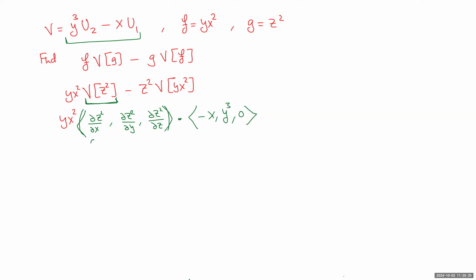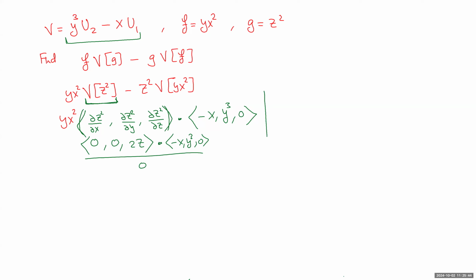So this here is 0, 0, and this one is 2z. We dot that with negative x, y cubed, 0. So this is 0, just 0. Let's see the other term.